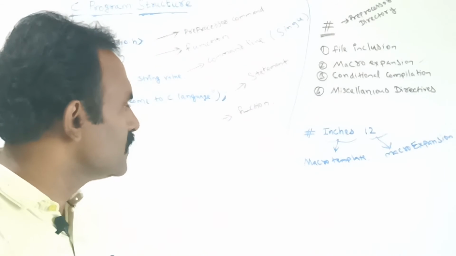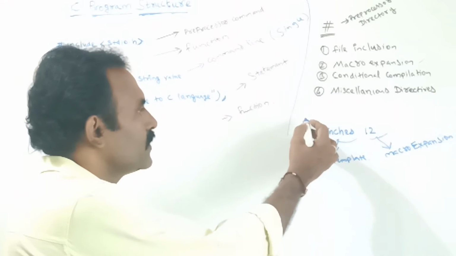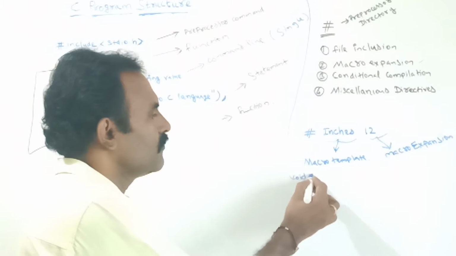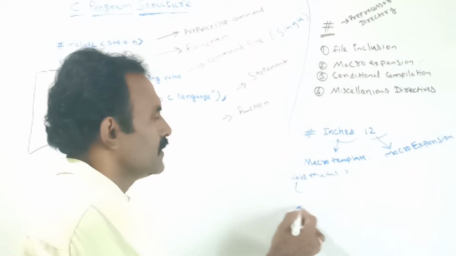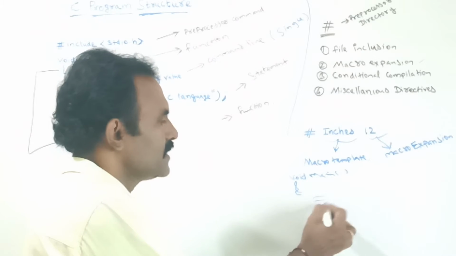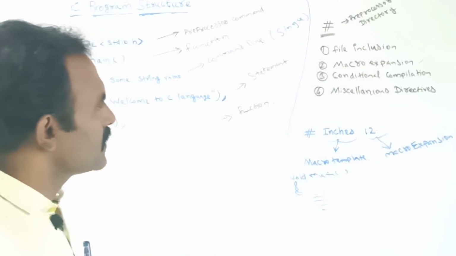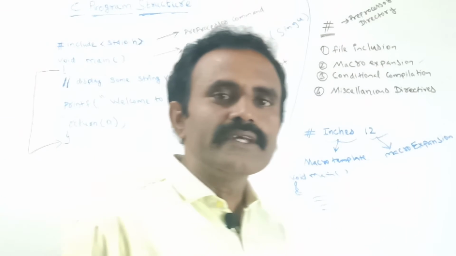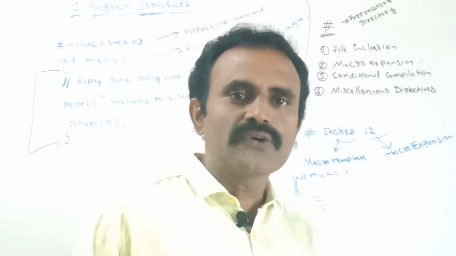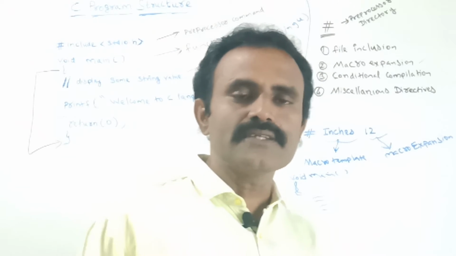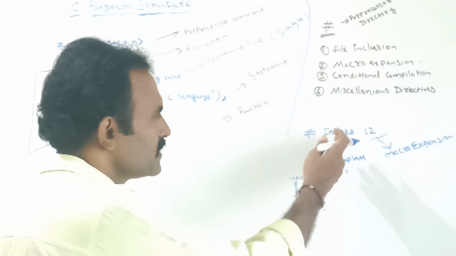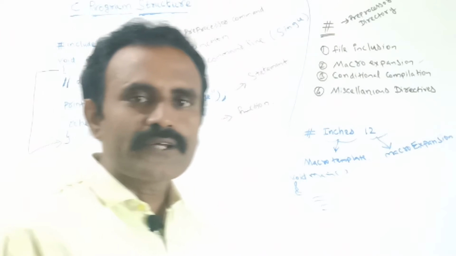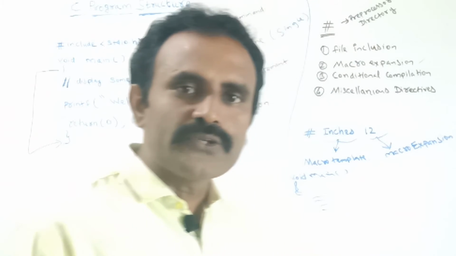For example, if I am writing a program, inside void main some statements are there. If you are giving the feet value and want to convert that feet value into inches, at that time we can call this macro template. With the help of this macro template, we can convert feet into inches.